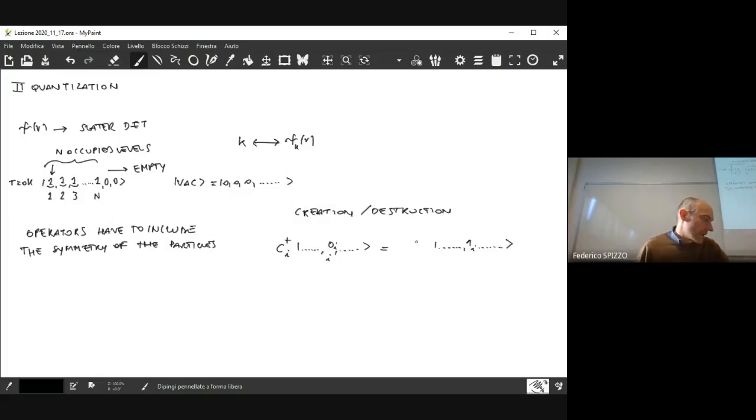So the operator just affects the action, level I. Then at this point, we have to guarantee two things.